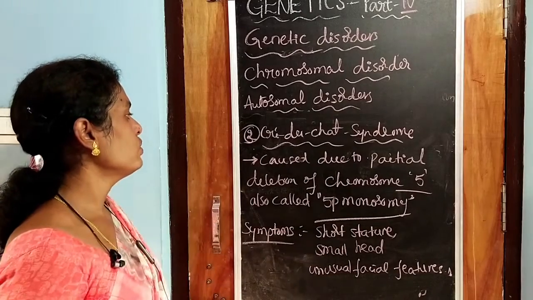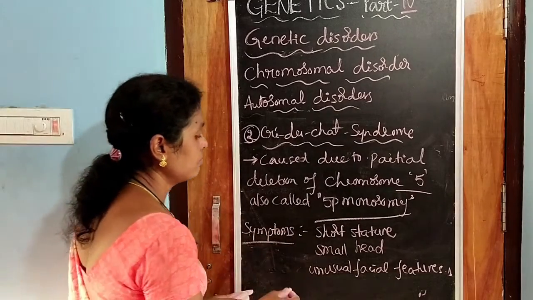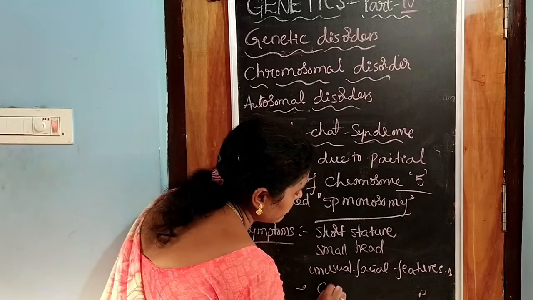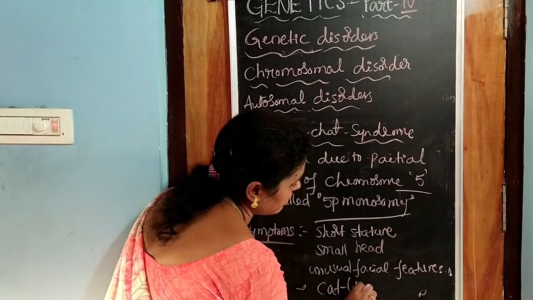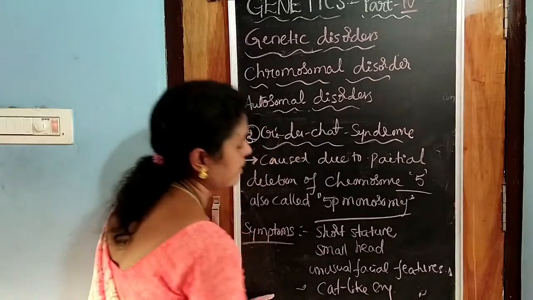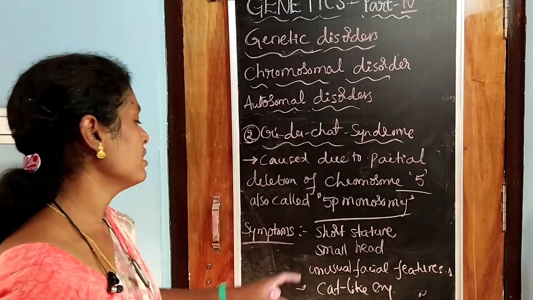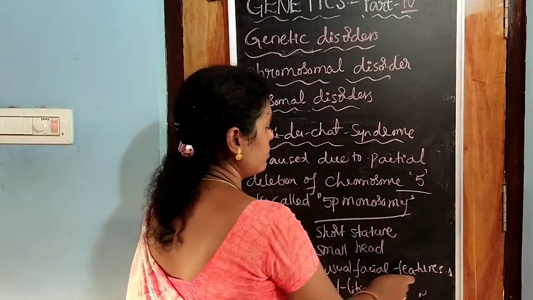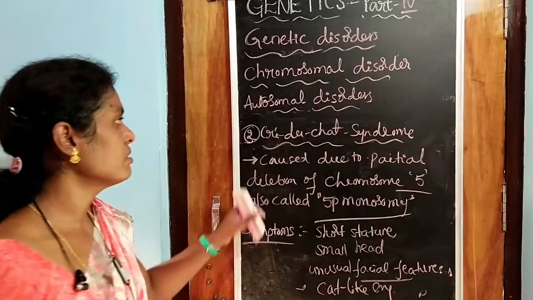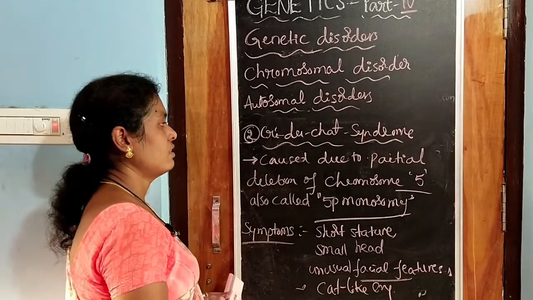One more symptom of Cri-du-chat is the cat-like cry. Short stature, cat-like cry, small head, unusual facial features. These are the symptoms present in Cri-du-chat syndrome.